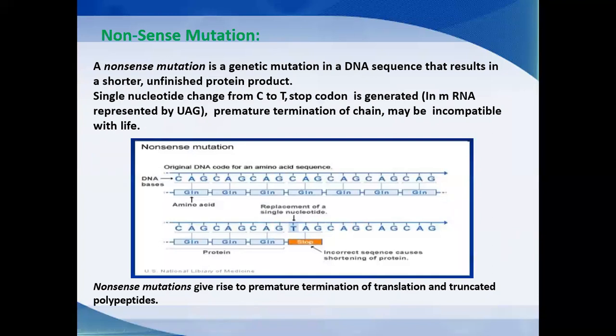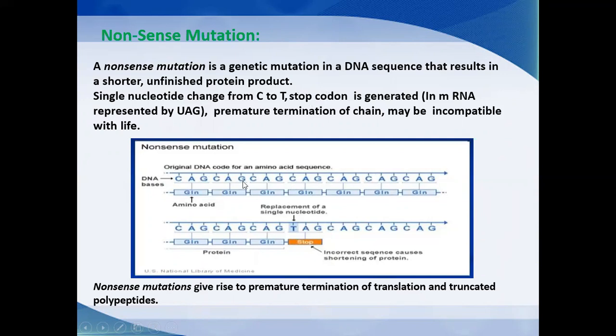Next is the nonsense mutation. A nonsense mutation is a genetic mutation or a point mutation in the DNA sequence that results in a shorter, unfinished protein product. For example, a specific DNA nucleotide sequence determines the amino acid sequence containing n number of amino acids.